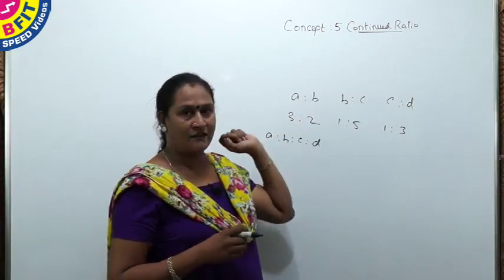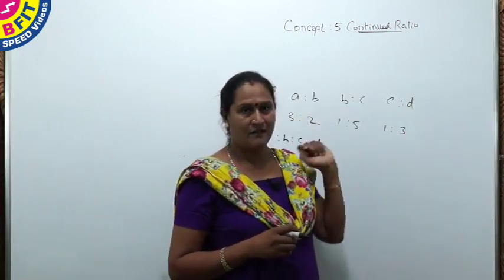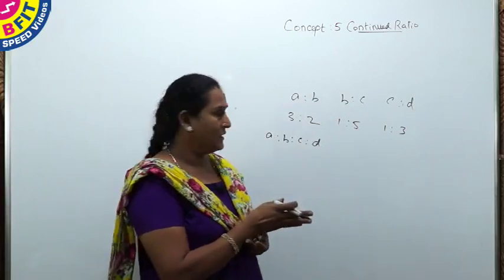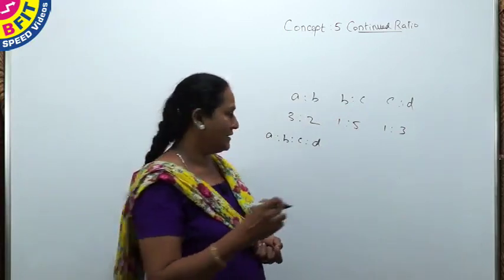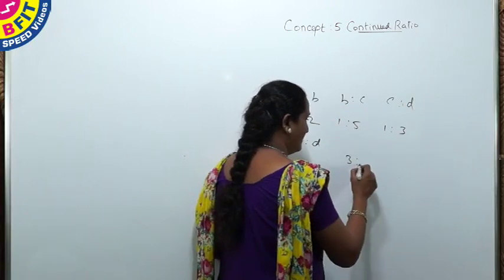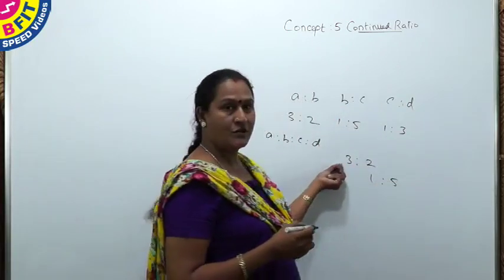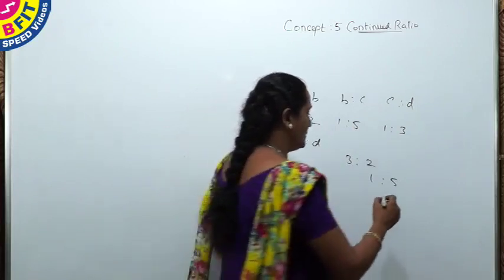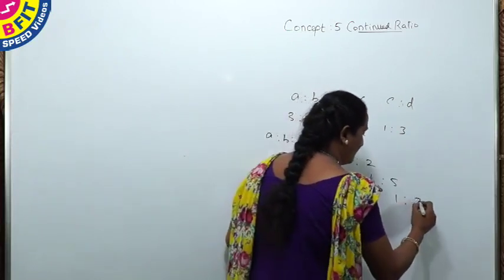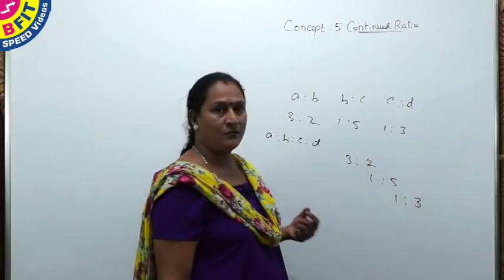Ends with B, starting with B, ends with C, starting with C. So as we wrote earlier, write the ratios one below the other. The first ratio is 3:2, the other is 1:5, and the last one is 1:3.